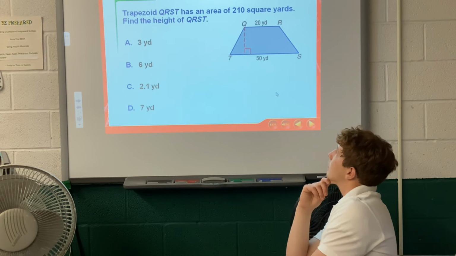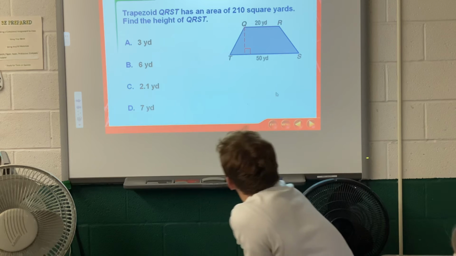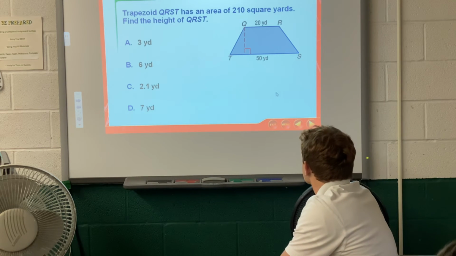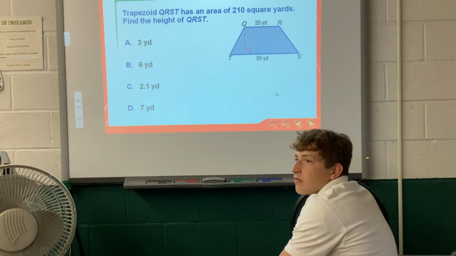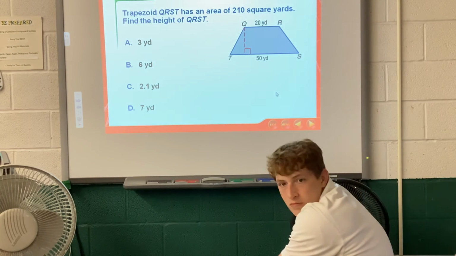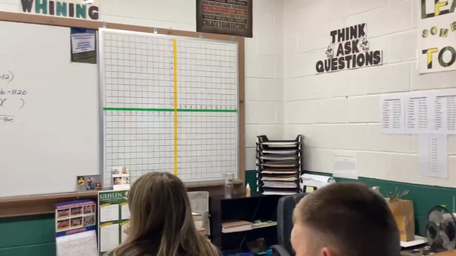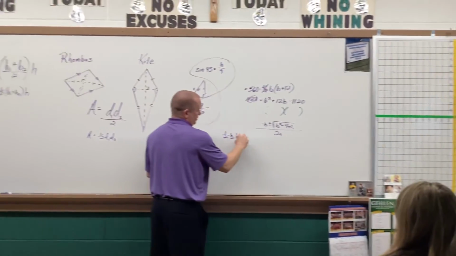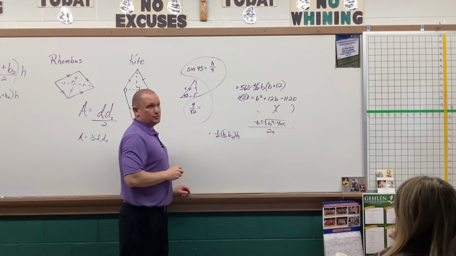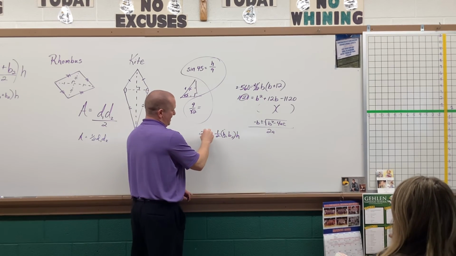A trapezoid has an area of 210 square yards. Find the height. So basically we're just working backwards now, right? So again, this is where some of you don't like to write things down, but I would always start out with this. 1/2 B1, B2 times my height. And then I'm just going to fill in things, right? Well, now they tell me I have my answer.